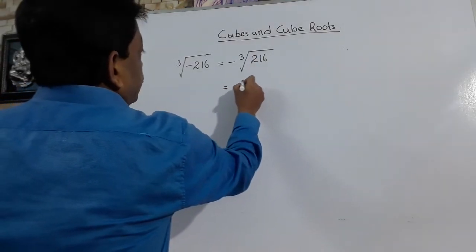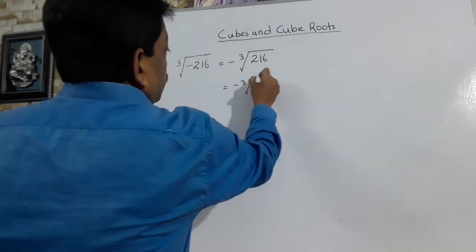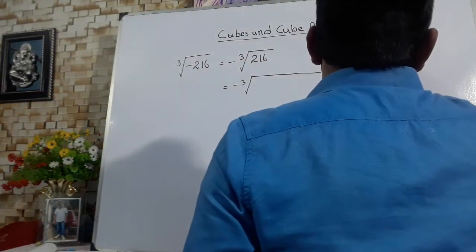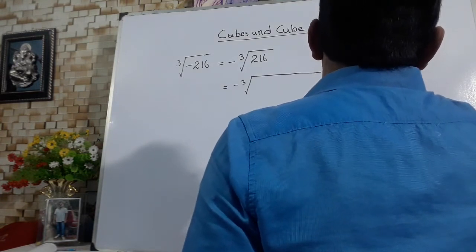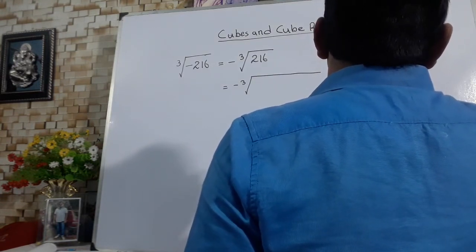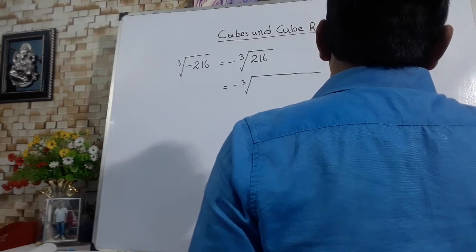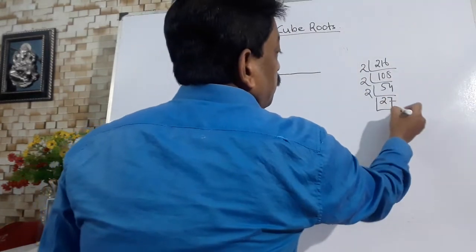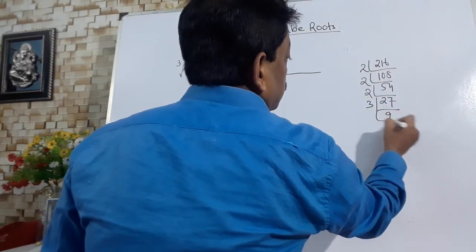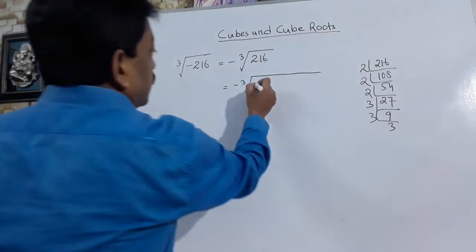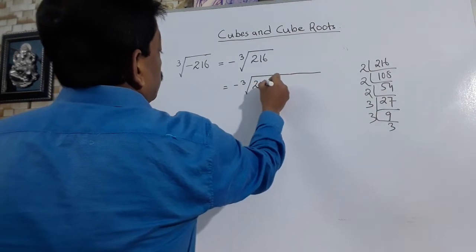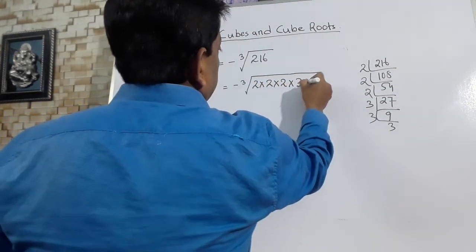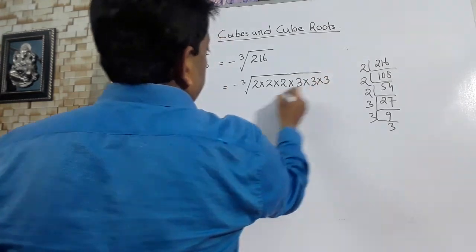Now let us resolve 216 into prime factors. 216 by 2 is 108, by 2 is 54, by 2 is 27, by 3 is 9, by 3 is 3. So it can be written as 2 into 2 into 2 into 3 into 3 into 3.